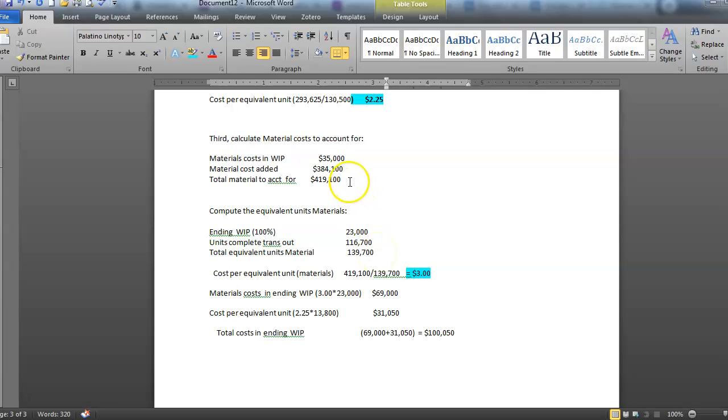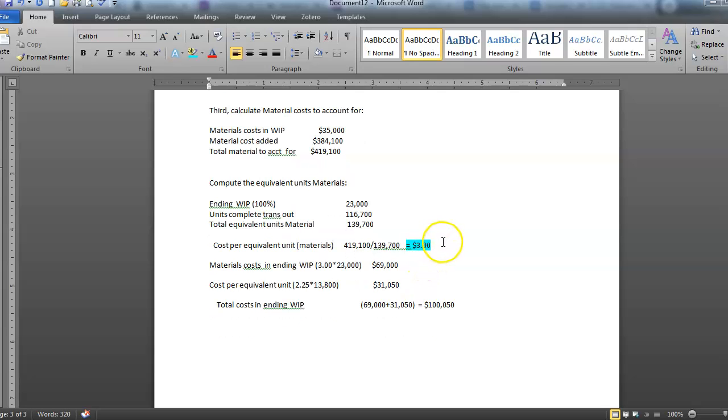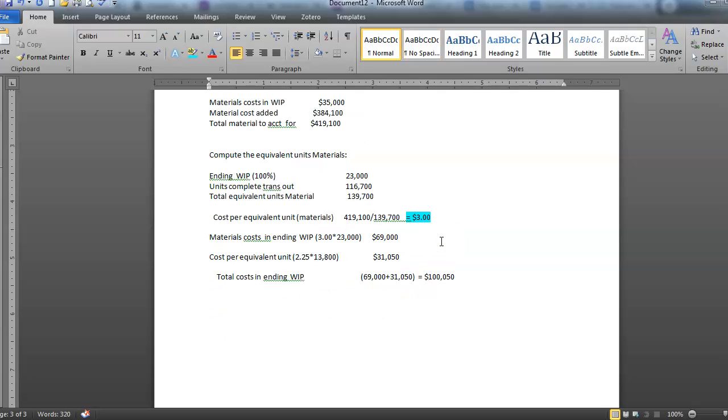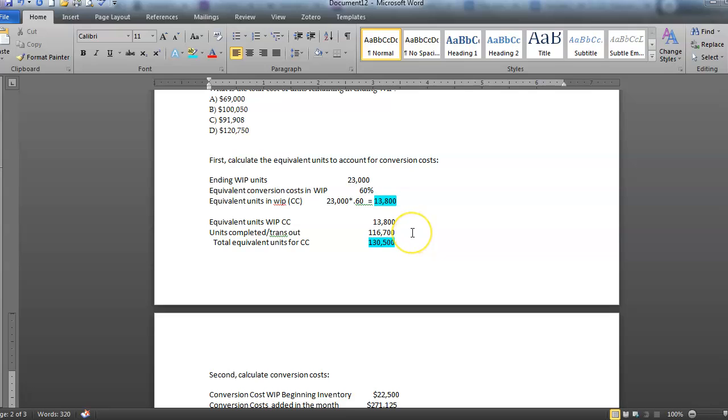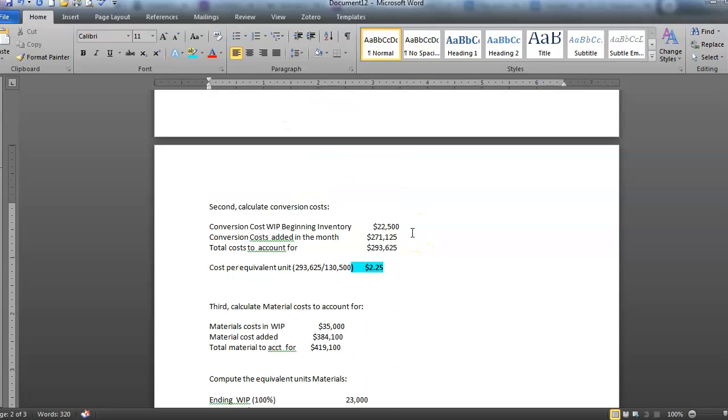Now that we have our dollar amount, 419,100, and our units of 139,700, we can divide those two together to come up to our cost per equivalent unit in materials. And again, let's put that to the side for a second and think about what we've done. We have accumulated our total units to account for in conversion units and our total units to account for in our materials.